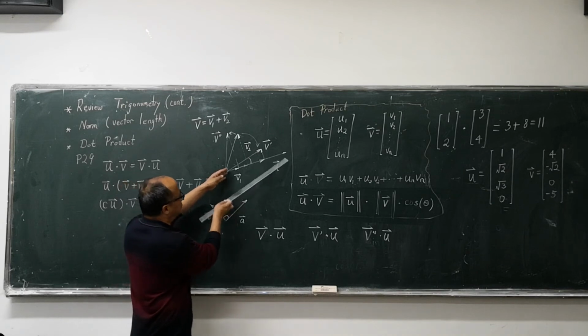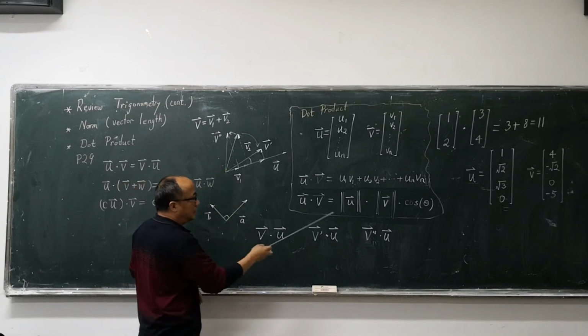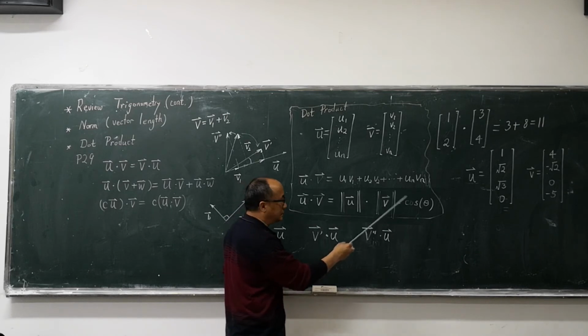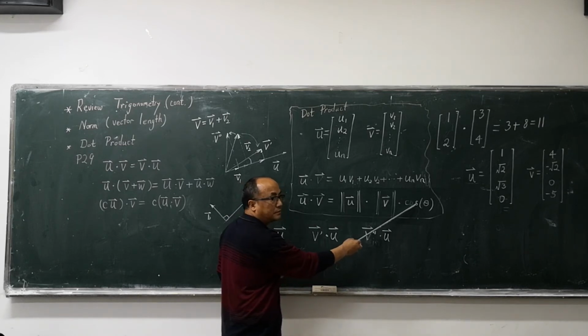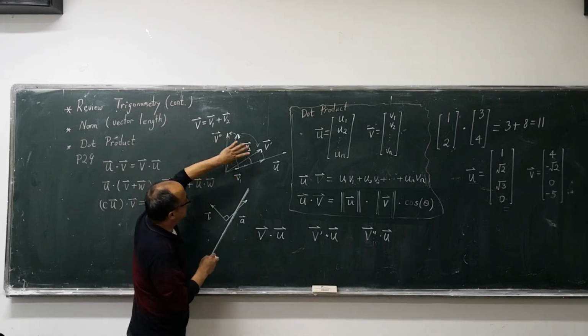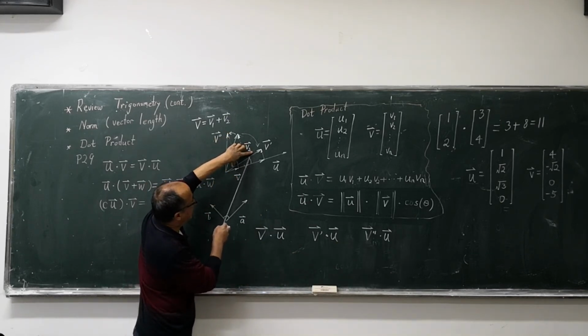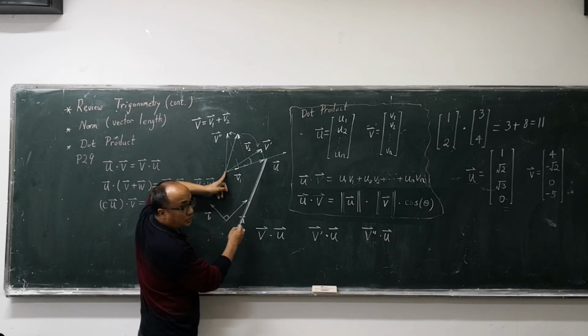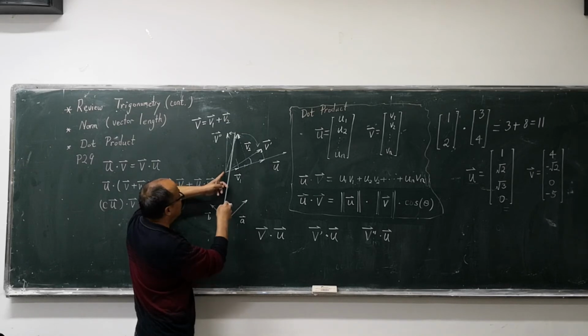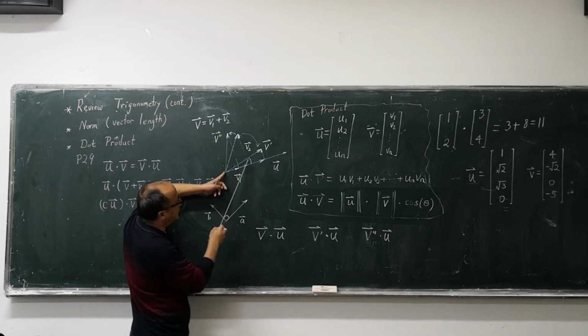It doesn't matter where you are over there. You see, this length times the cosine, you get this. When here, you times the cosine, you get this.